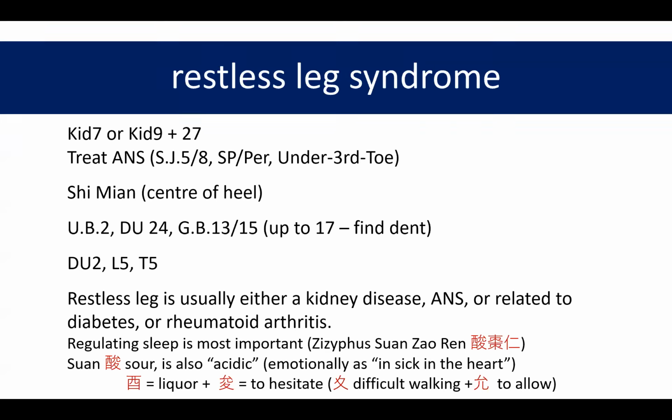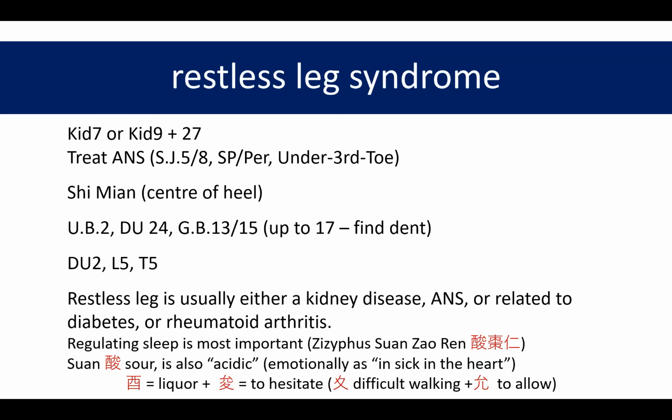It can sometimes be related to diabetes or rheumatoid arthritis. Okay, but generally it's considered kidney or autonomic nervous system. Okay, the most important thing is to regulate the sleep. Okay, that's why the center of the heel is in it. So a famous herb for sleeping is Suan Zao Ren.